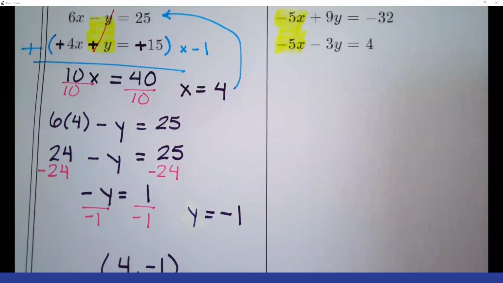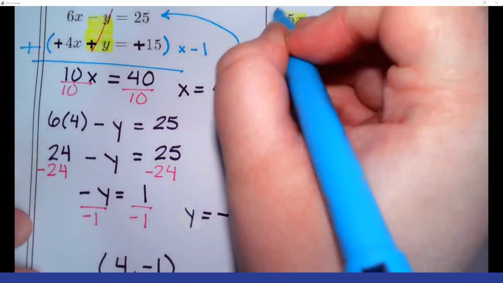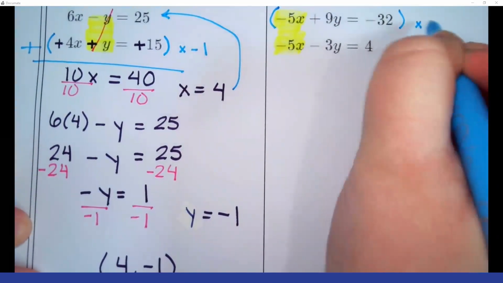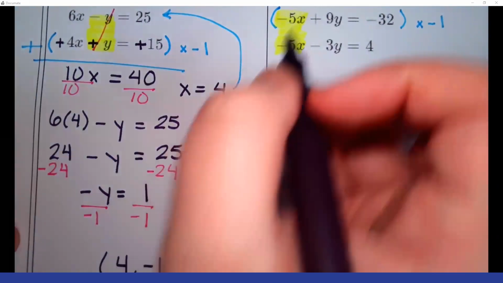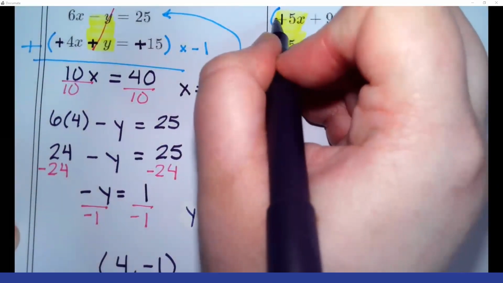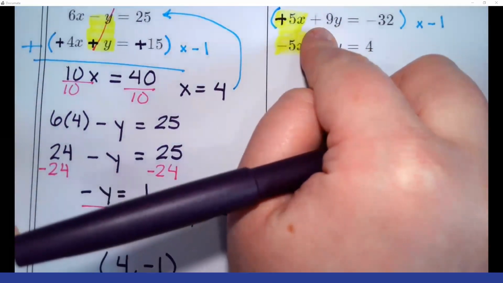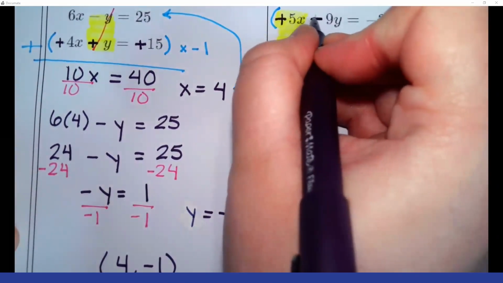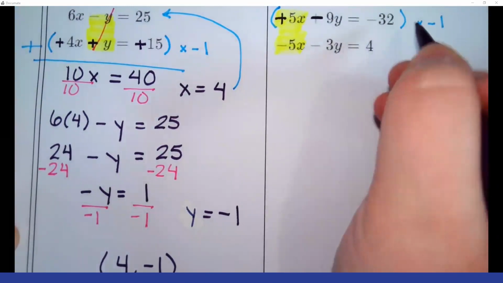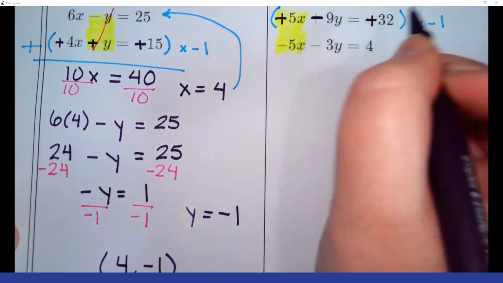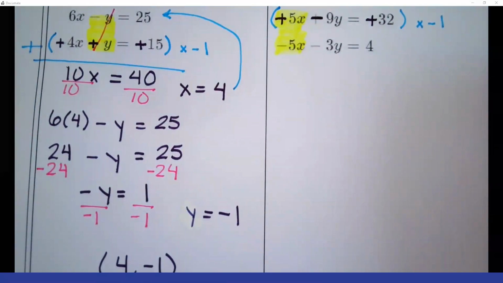All right. Vayman was the first one. We're going to multiply the top by -1. So this 5x is now going to become positive. This 9y is now going to become -9y. And this -32 is going to become +32. Sorry, Daniel, Vayman beat you to it.